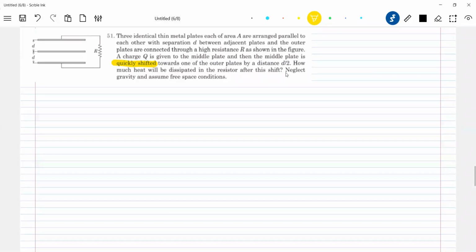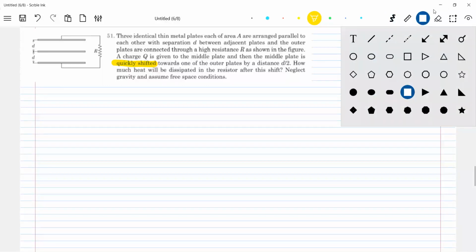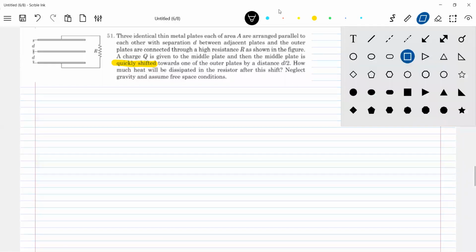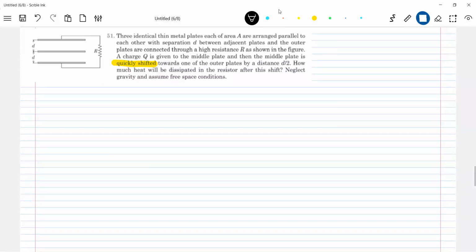So first actually the plates are there. We are going to give a charge. So electrostatic induction occurs. After electrostatic induction occurs, then what will happen to the plates, that we have to see here. Okay, these are the three plates. We'll take it first.